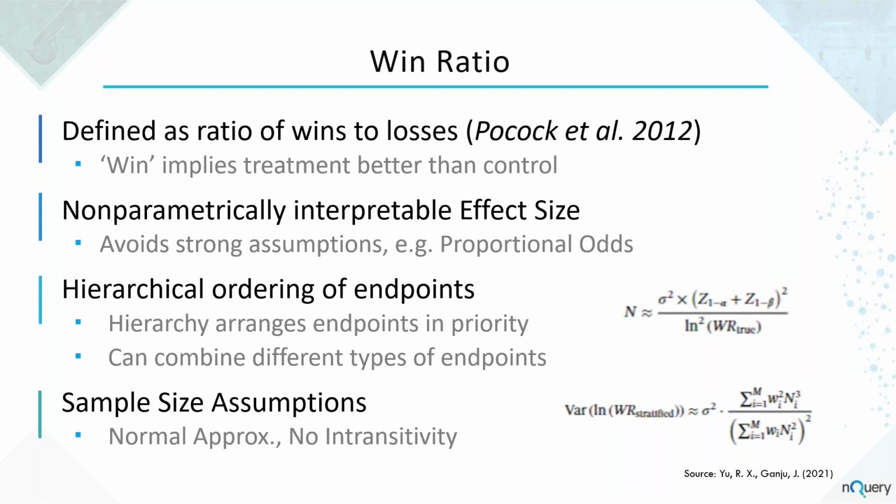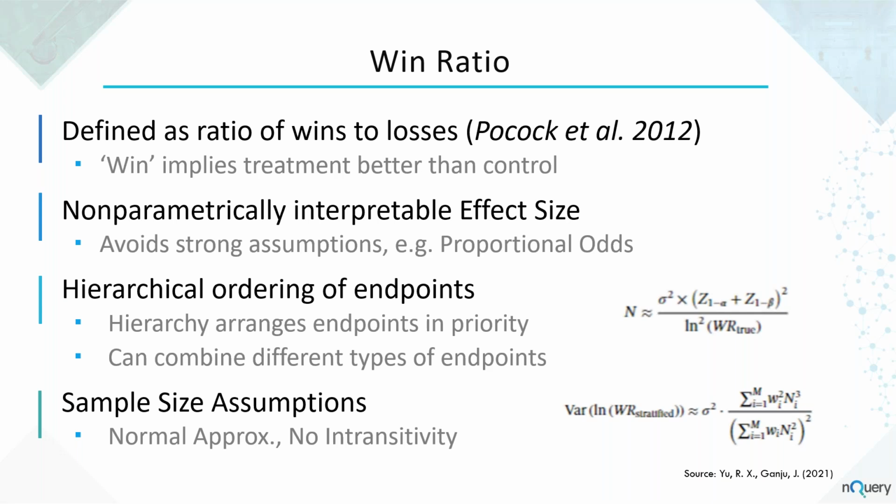So this is very useful, as you can imagine, not just from a power perspective, but also it means that you can combine lots of different types of endpoints. There are other methods that deal with composite endpoints, but very few of them actually allow for the combination of different types of endpoints. Okay, so just to mention that this also gives, this is a bit of a mouthful, a non-parametrically interpretable effect size, by which I mean that you're not making any strong assumptions, or any assumptions really, regarding the underlying data structure.